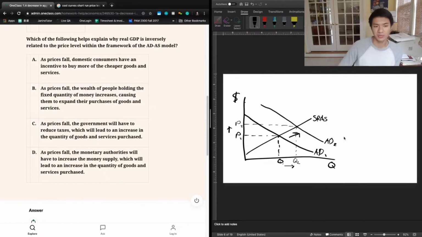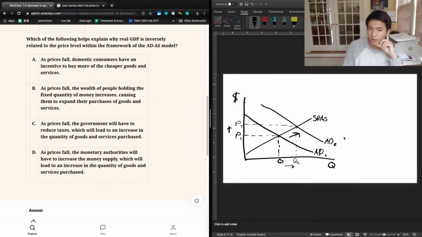I think it's an even better answer than answer choice A, because A simply says you have a greater incentive, whereas B actually tells the mechanism by which people have that incentive, which is an increase in wealth or purchasing power. And so that's going to be a better answer.